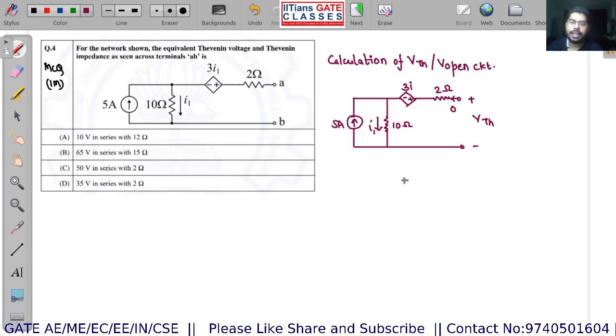So VTH, if I apply KVL starting from here and then here, VTH is equal to 3i plus 10i. So VTH is equal to 13i, equation 1. Now you can see 0 current is coming from here, so current from this branch will be 5 ampere.